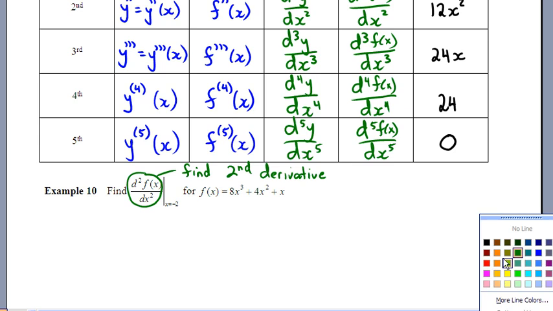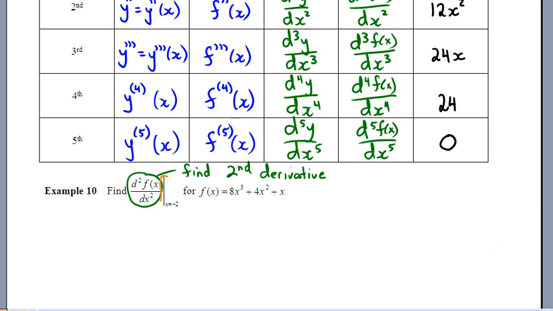Now this next part, this evaluation bar right there, says when you're done, once you've found that second derivative, go and do an evaluation. But you have to do the derivative first.